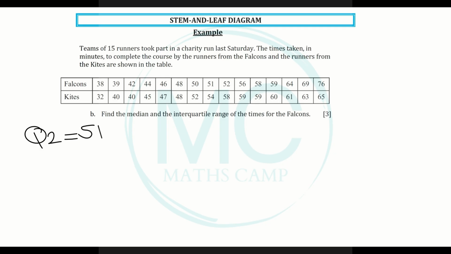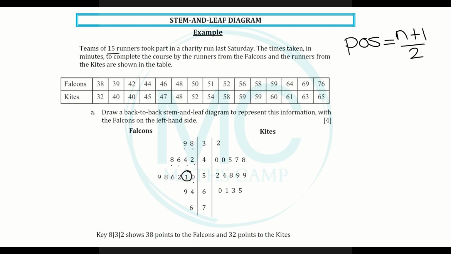To find the interquartile range, I need the value for the lower quartile Q1 and the upper quartile Q3. We used 51 as the median. We cannot include this value again. We had 15 runners. We now have 14 divided by 2, and we have 7.